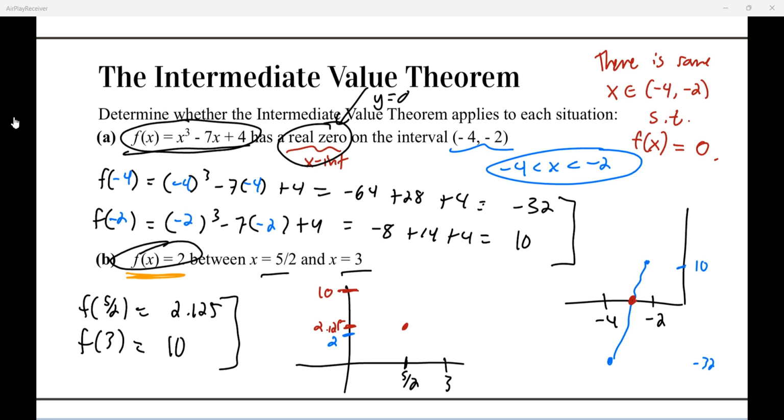Now, it might be the case because maybe the function actually dips down and comes back up and hits 10 again. So maybe, but it's not going to be guaranteed because that y value of 2 is not between f of 5 halves and f of 3. So therefore, we can't be certain. The intermediate value theorem is not going to apply in that case, and we can't make any definitive conclusions about f of x equaling 2 on that interval.